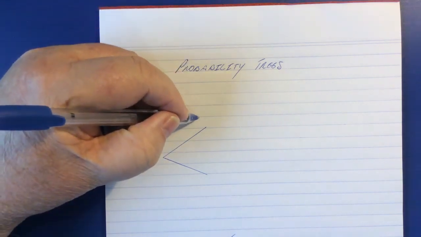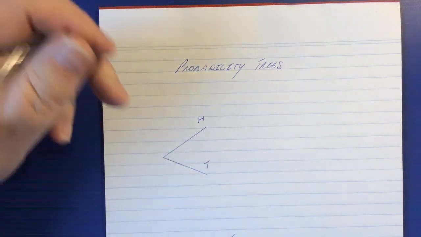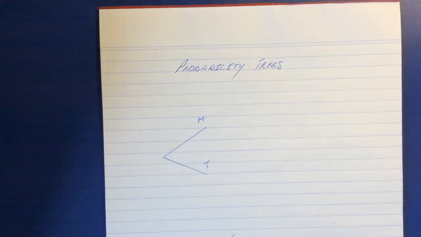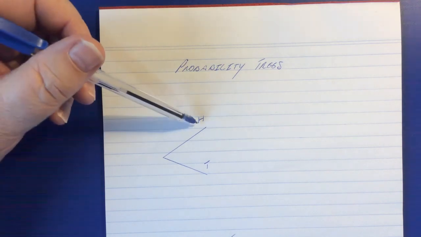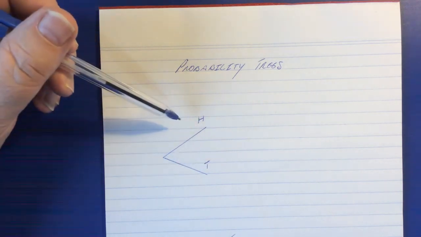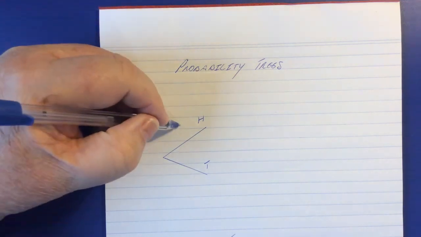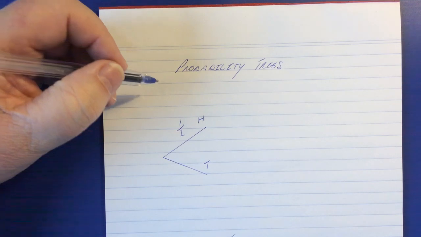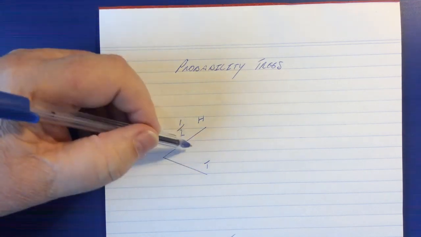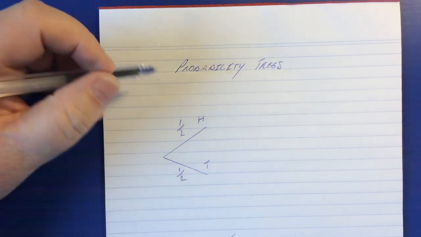And we're going to pretend that it is concerning the toss of a coin. And you can either get a head or a tail. The probability of getting a head, assuming that the coin is fair, is 1/2. The probability of getting a tail, assuming the coin is fair, is 1/2.